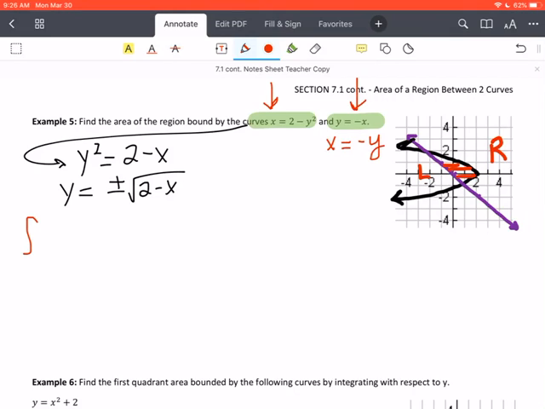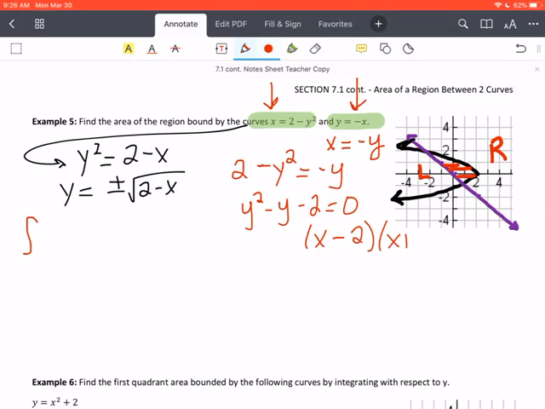Now I can go ahead and use my equal values method. 2 minus y squared equals -y, and solve. So I have y squared minus y minus 2 equals 0. This is looking like what we did on the front. We have y minus 2 times y plus 1 equals 0.